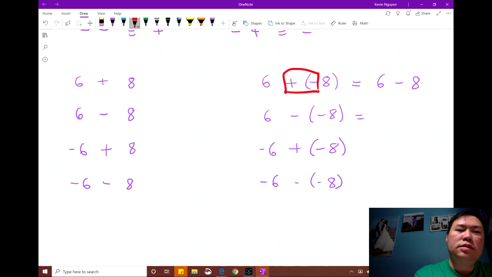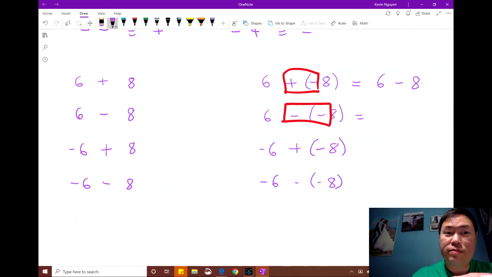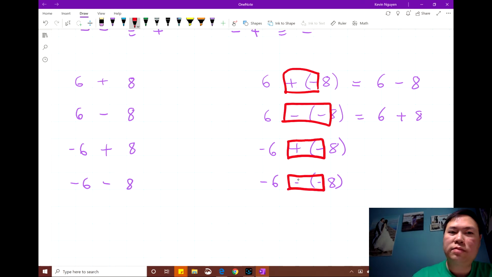Same for the second one: two signs that are the same, we combine them, it will become positive, so 6 plus 8. Two signs that are different become negative, and two signs that are the same become positive. So the third and fourth cases become 6 minus 8 and 6 plus 8.